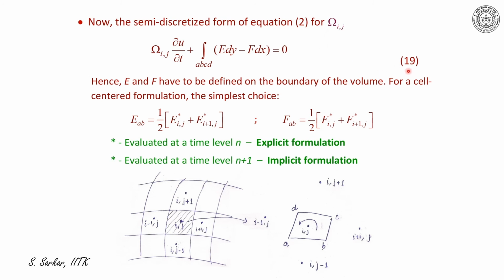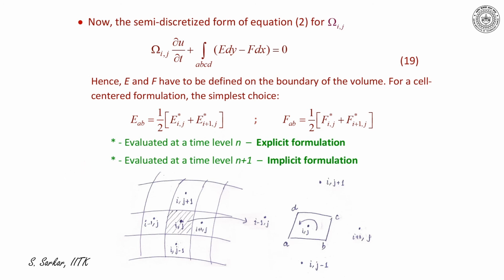That is equation number 19, where E and F can be defined on the boundary of a cell. For a cell-centered formulation, the simpler choice would be E_AB equal to half of E*_ij plus E*_i+1,j.